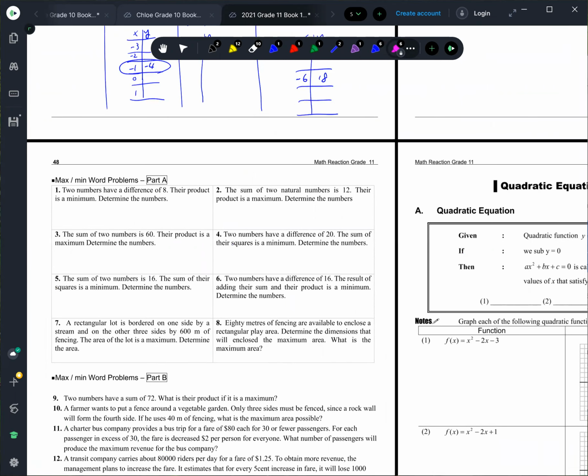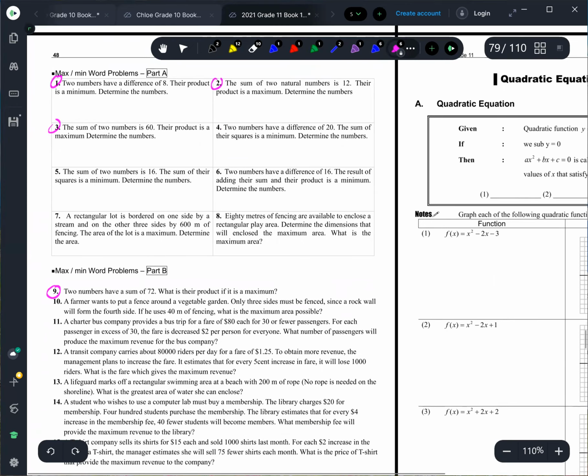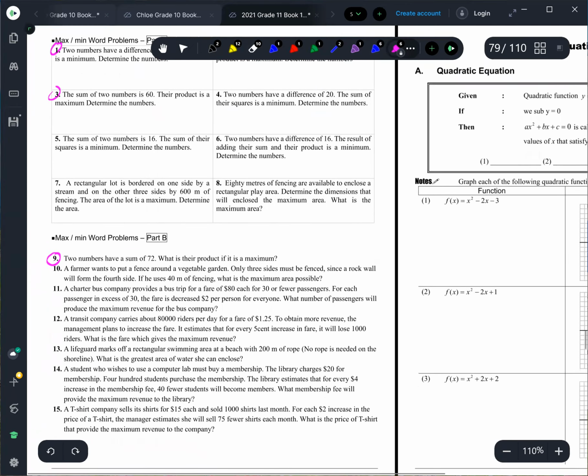So something like, one, I think one. 1, 2, 3. 9. Yeah, okay.